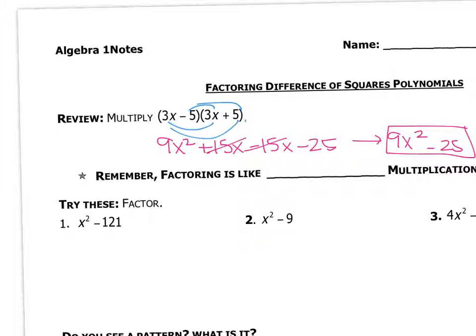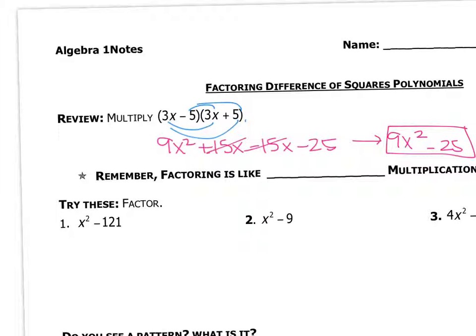Now, a couple of things that I want you guys to notice here. Like we just said, those middle two terms canceled out. And look at what we started with. What do you notice about what's in these two binomials that we started with?